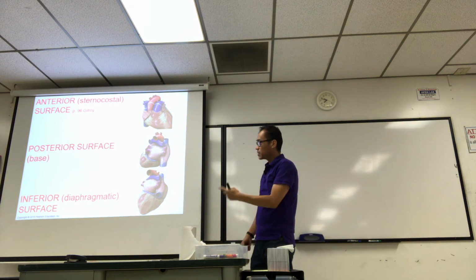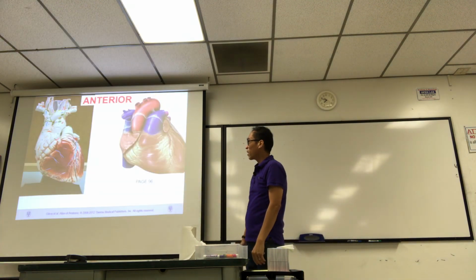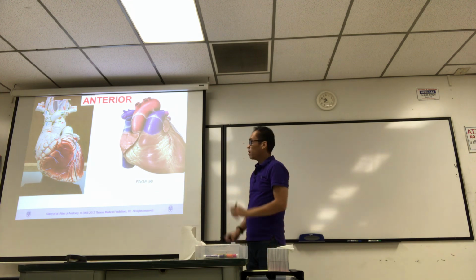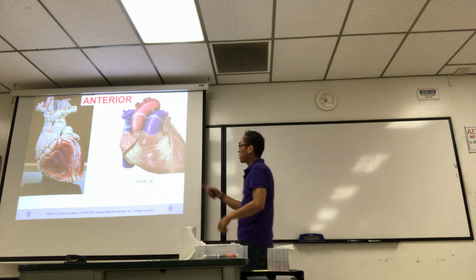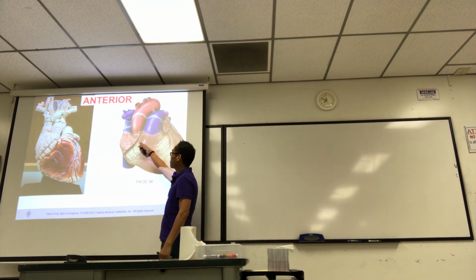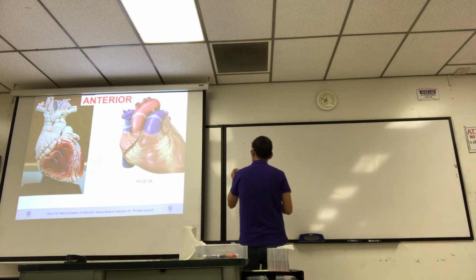So let me give you some hints about how to tell the front and the back. I already gave you some hints. Look for the two Dumbo ears, the right and left auricles, because those are part of the atria on the anterior surface.